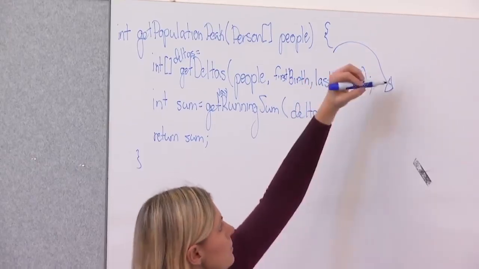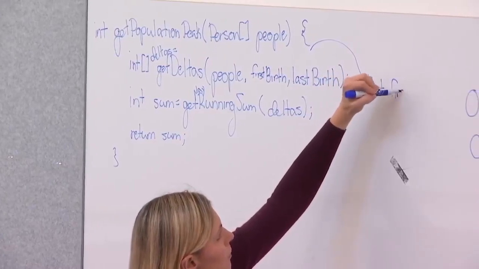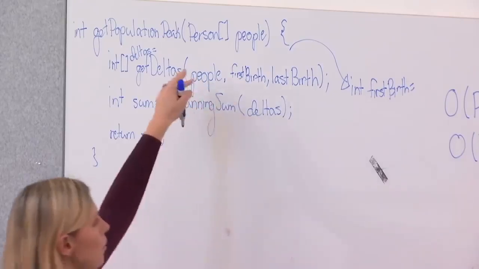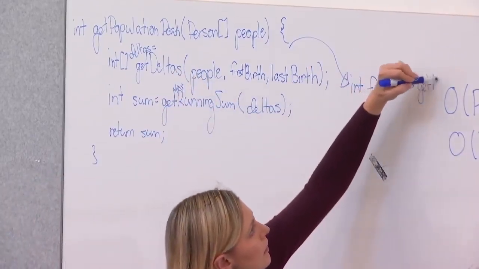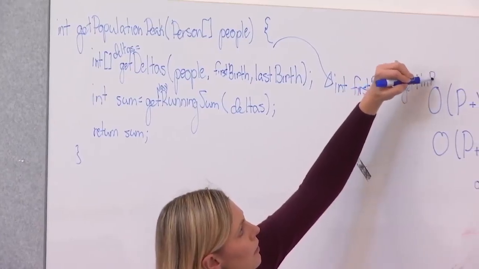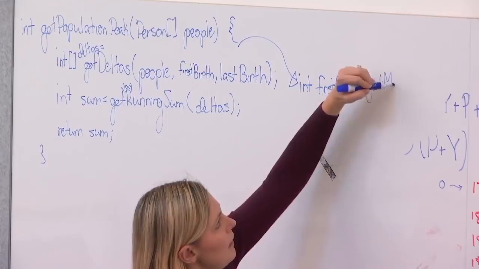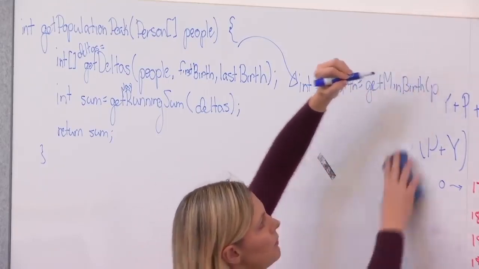Then here, I'm going to declare it. I'm not going to erase a whole bunch of lines of code. So first birth is going to be get min birth. I'm going to erase that, I don't need that anymore. Get min birth of people.